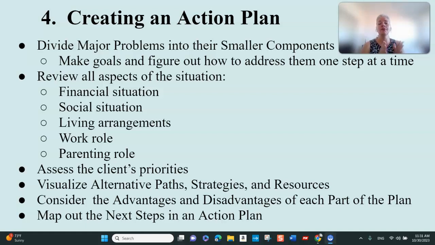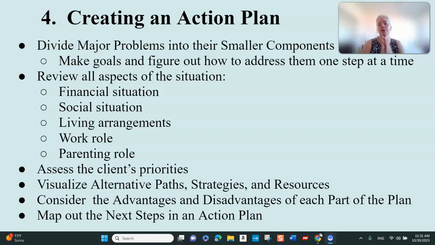You need to help them determine what their priorities are, and then how they might prioritize in terms of managing those competing goals, all those things that are demanding their time and attention.